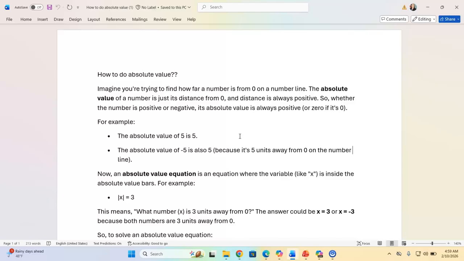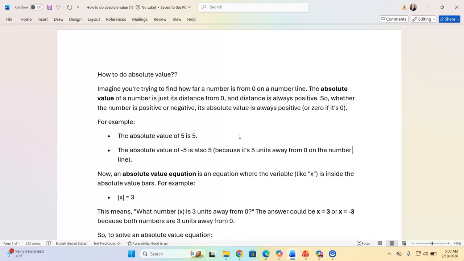So what is absolute value? The absolute value of a number is its distance from 0. So absolute value isn't necessarily the number, but the distance that the number is from 0. If you think about walking a distance, or throwing something for a distance, it's always positive.